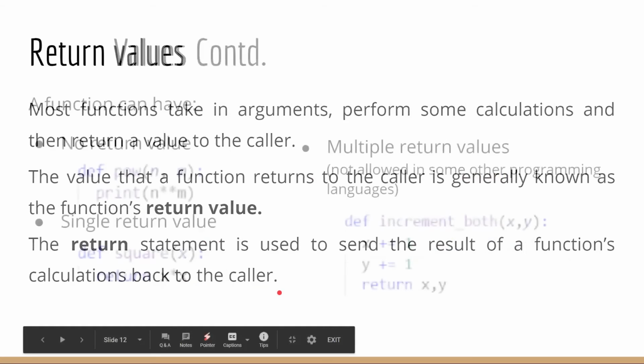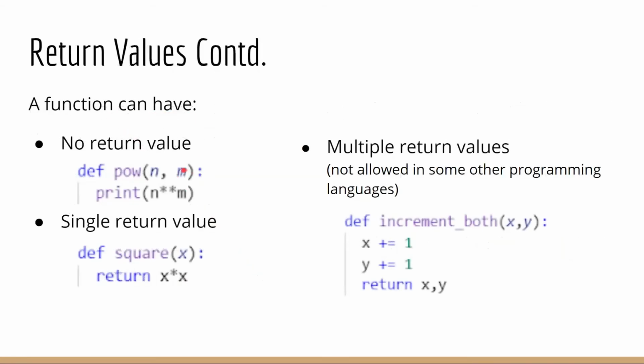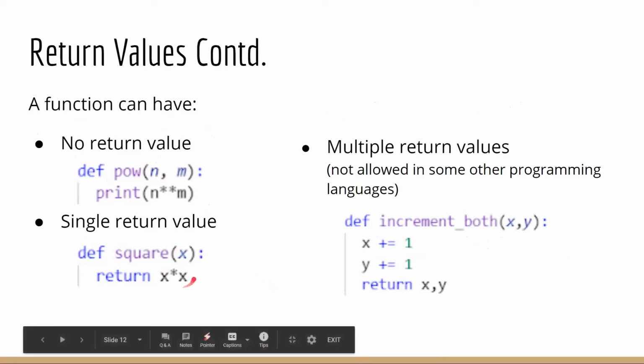We will see an example, but first what we need to know is that a function can have no return values, just like the functions that we've seen so far. For example, remember the pop function, which just printed the value and did not return it to the caller. A function can have a single return value. For example, this function in here, which calculates the square of x, and it basically just returns the value of the square of x.